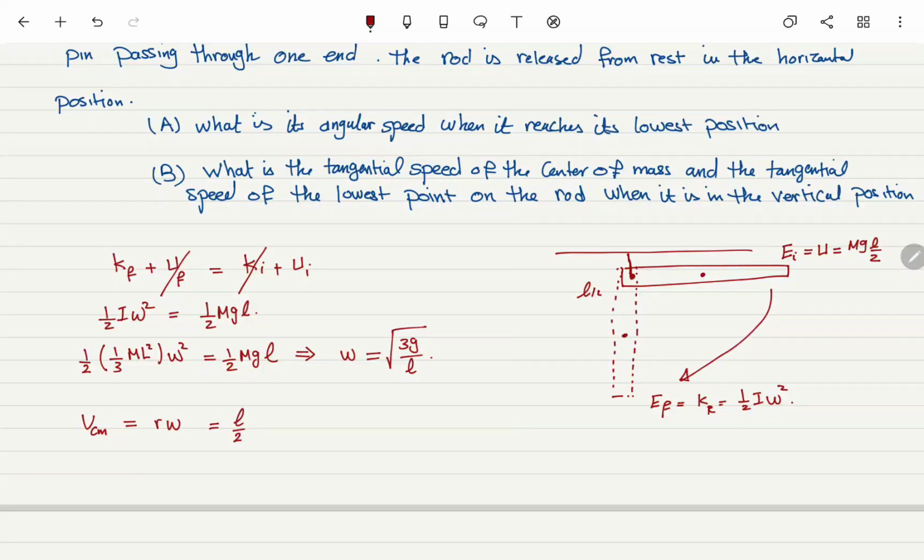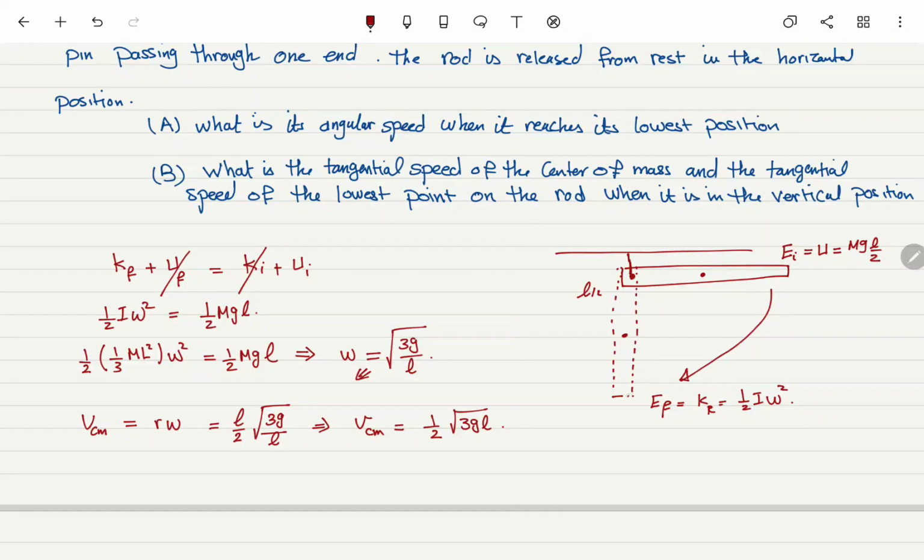And omega, we just calculated this one here, equal to square root of 3g over L. By simplifying this equation here, V center of mass equal to half square root of 3gL.